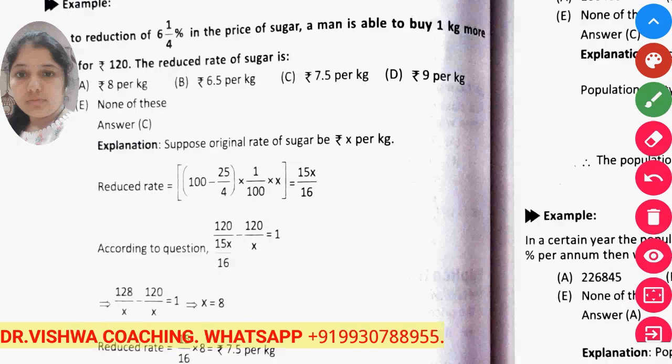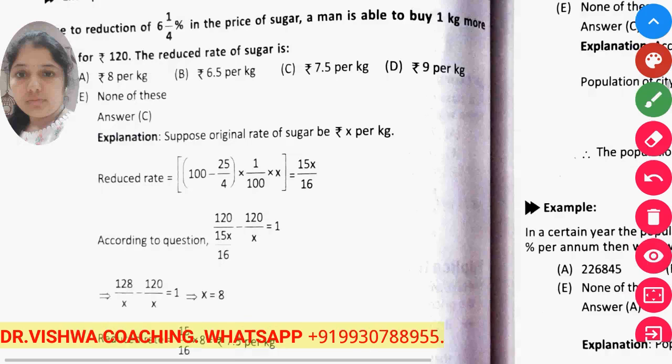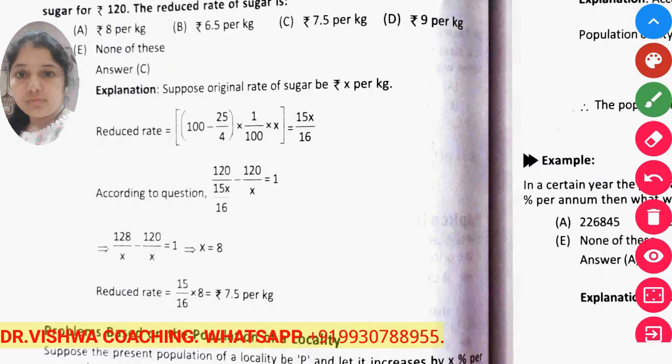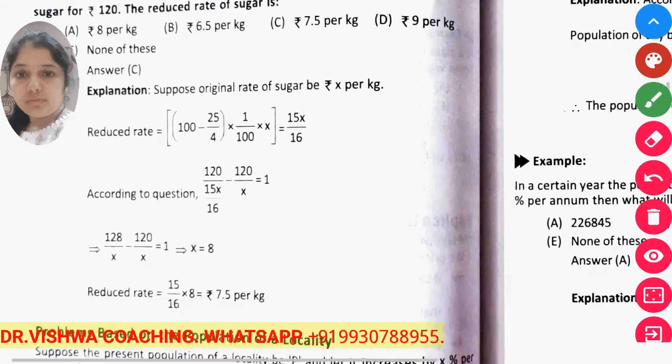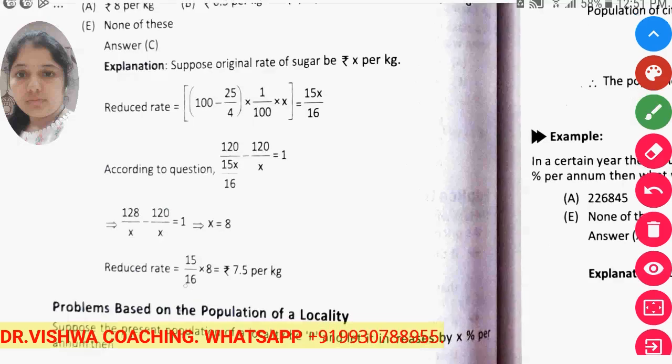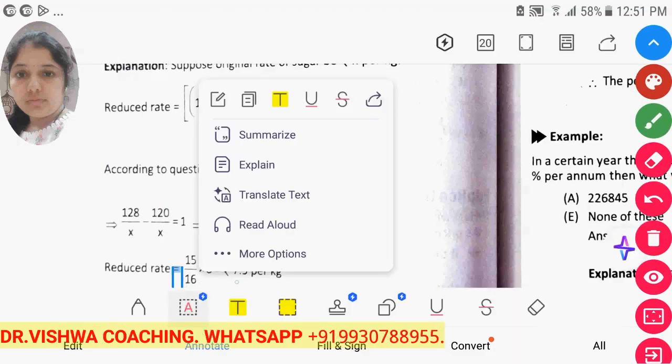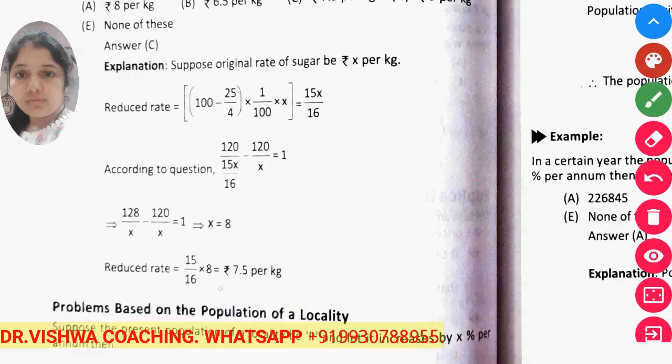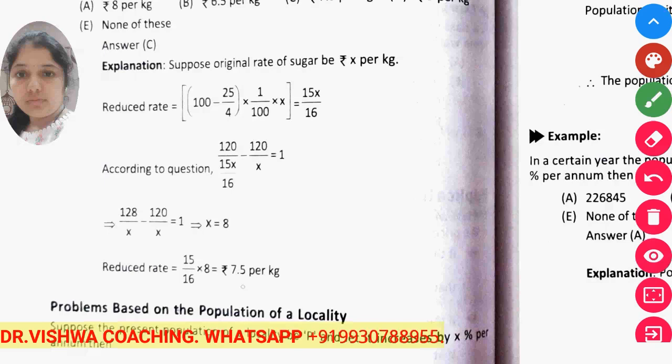So solve this equation and you get the value of x, which is 8. So 8 is the previous sugar price, and now the reduced rate is 15 upon 16 x. So put the value of x and you get the reduced rate, that is 7.5 per kg. So when it becomes 7.5 per kg, I can buy 1 more kg of sugar.